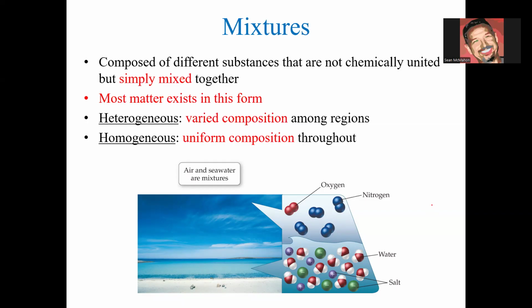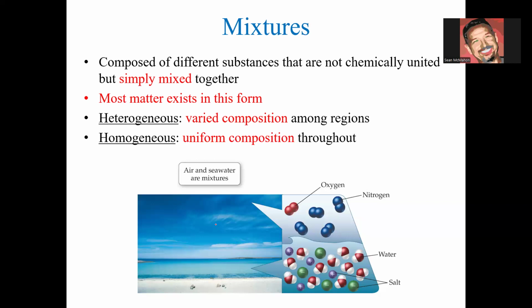Homogeneous is a little more difficult because it's uniform throughout. There's no distinct layer difference. And in the two examples I have here with air and seawater, these would typically be considered homogeneous. Now, someone could argue with the air right now in the cloud formation, which has a large concentration of water, it's slightly heterogeneous.